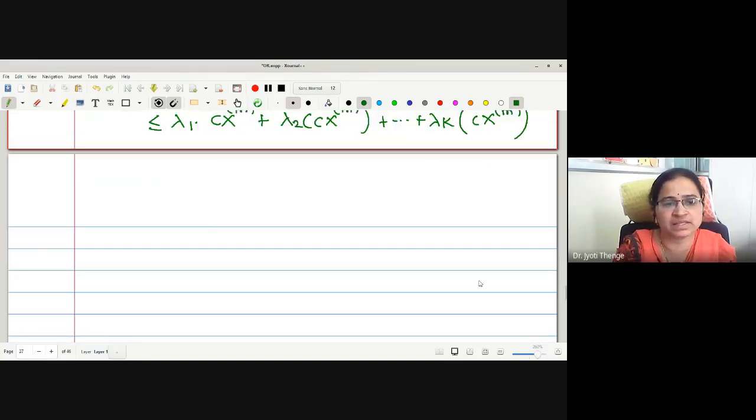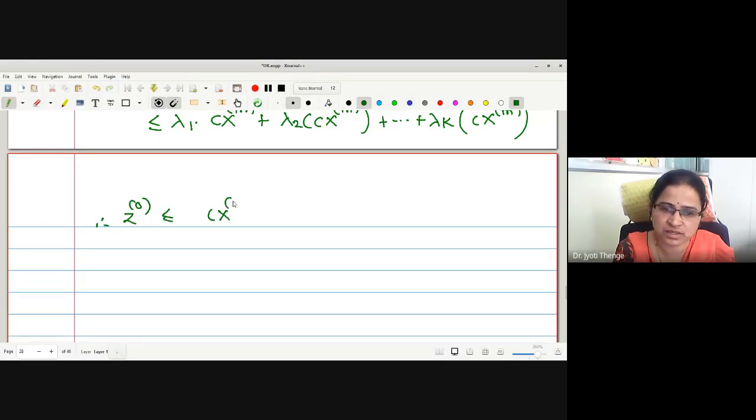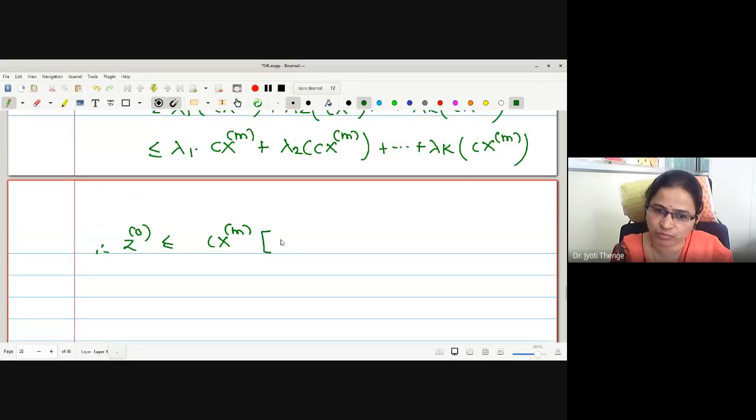Next step, we will take Cxm common. What are the terms left with us? Lambda 1 to lambda k. But what is the addition? Lambda 1 to lambda k is 1. And what is Cxm we have assumed?